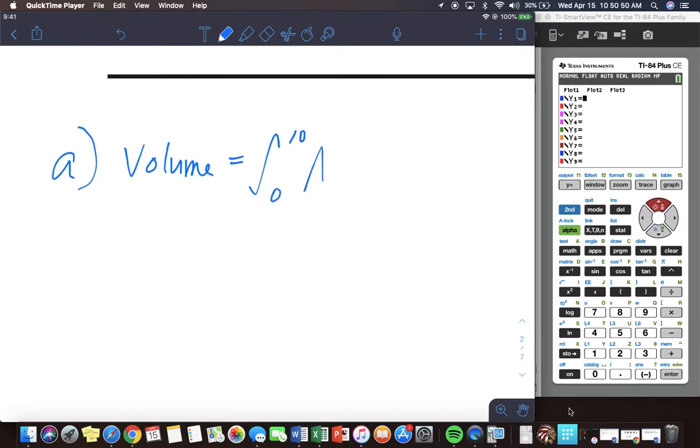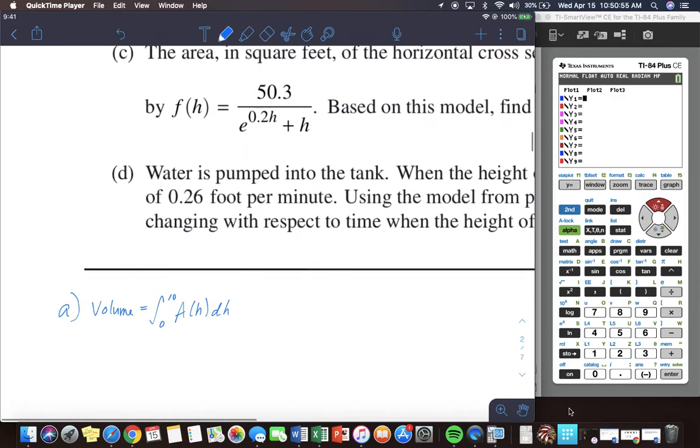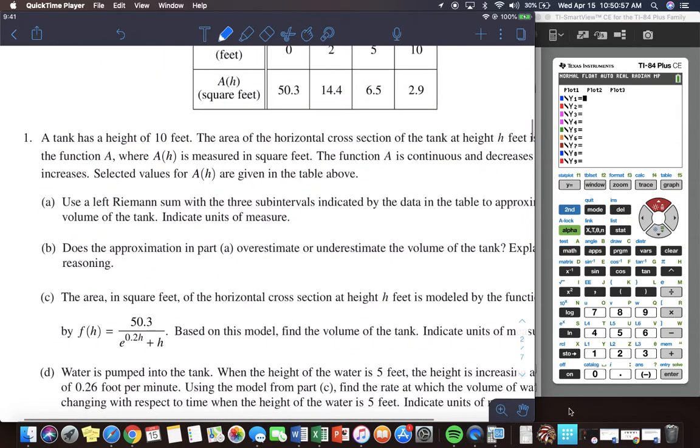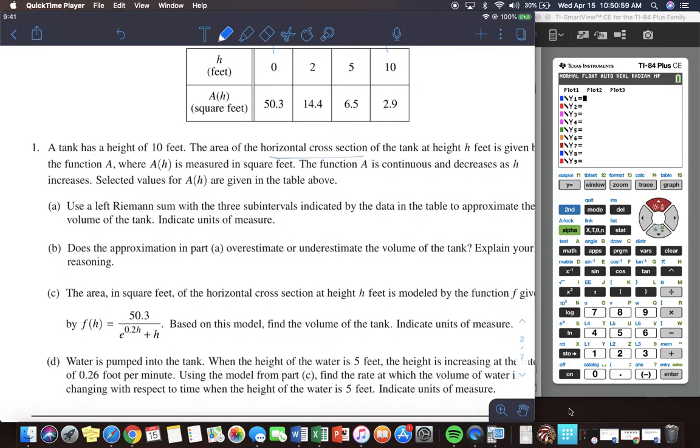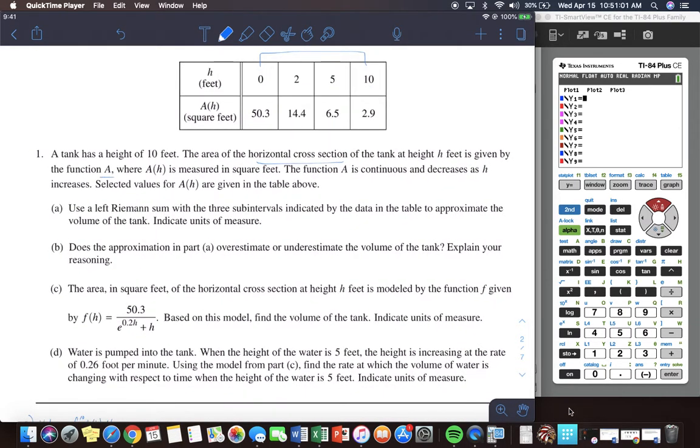We're just going to add up all those cross sections, which are given by A of h. It says that each cross section of the tank is given by the function A, so these are the areas of each of my cross sections, for the data in the table.